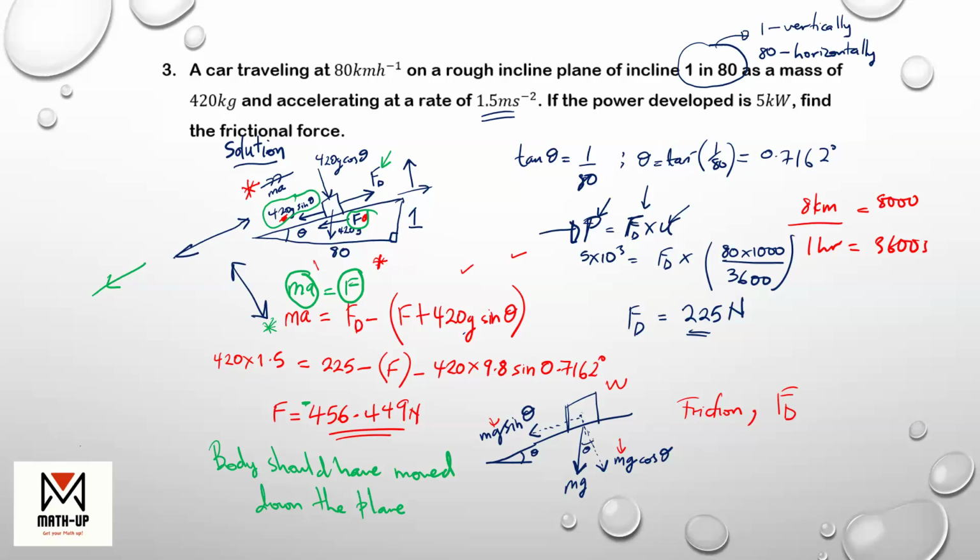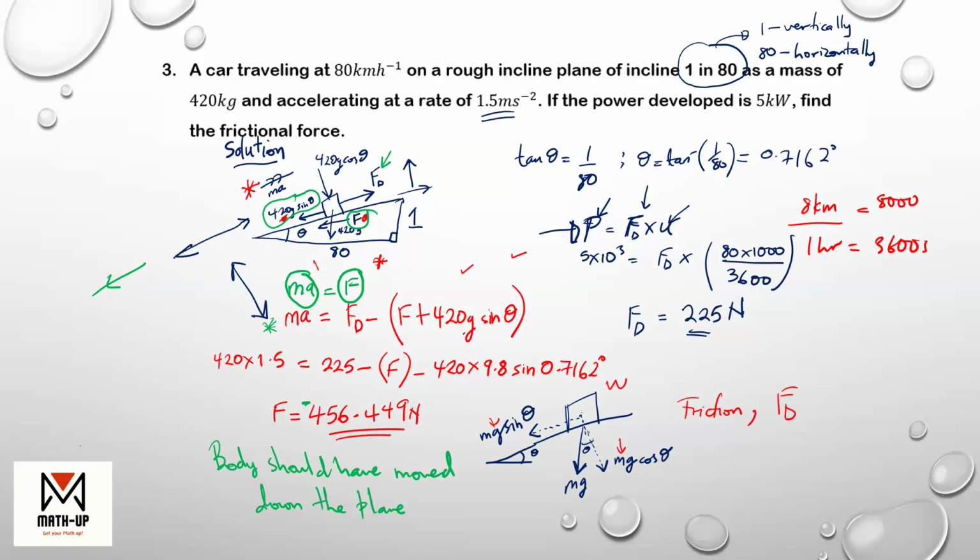In our assumption from the very start, we assumed our body to be moving upwards, and therefore our friction will be pointing downwards. So if we got our value of F as a positive value, then that would have meant that the body is moving upwards and the friction is pointing downwards. It's opposing that upward motion.